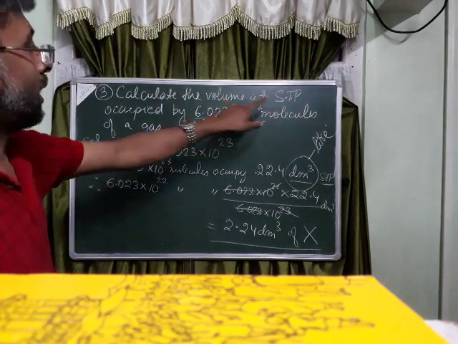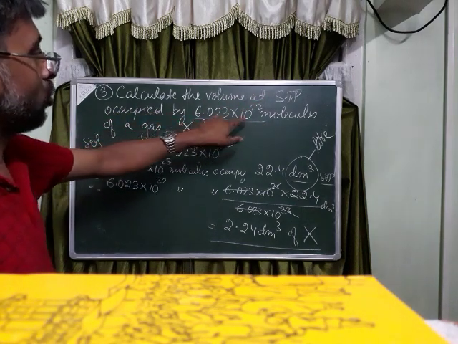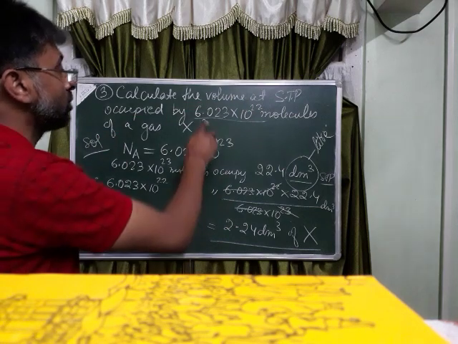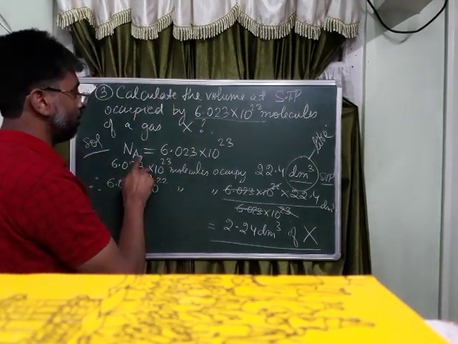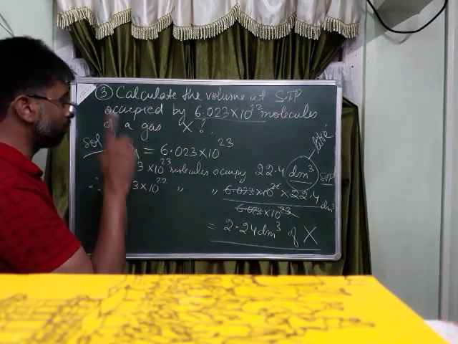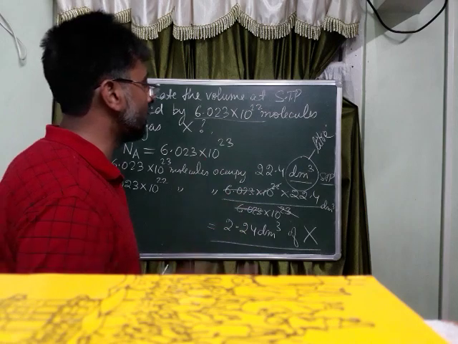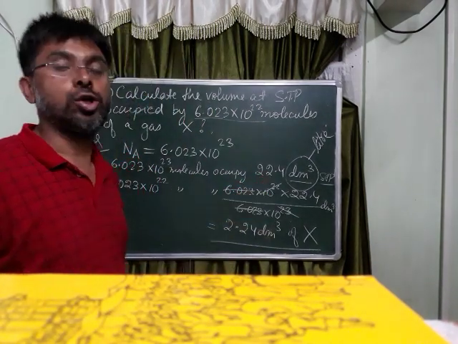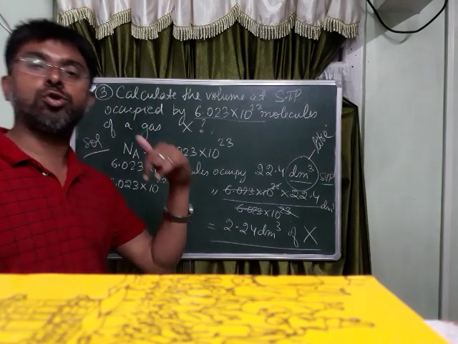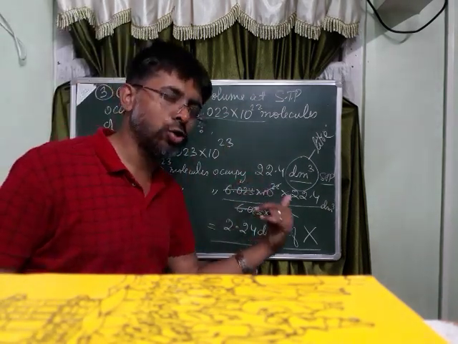Calculate the volume at STP occupied by 6.023 into 10 to the power of 22 molecules of gas X. So whenever you see such figures, please bring in your mind Avogadro's number, and remember that Avogadro's number of molecules occupies standard molar volume. The standard molar volume value is 22.4 decimeter cube or 22.4 liters or 22,400 centimeter cube or milliliter.